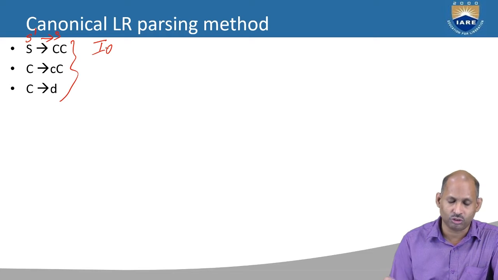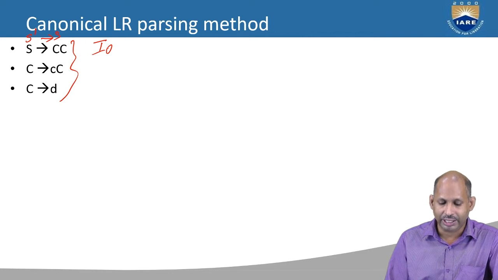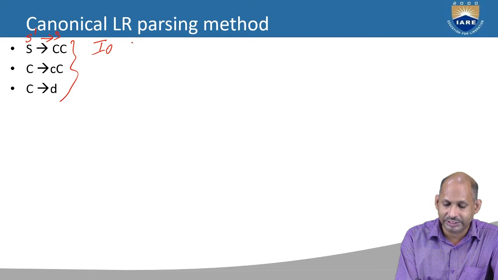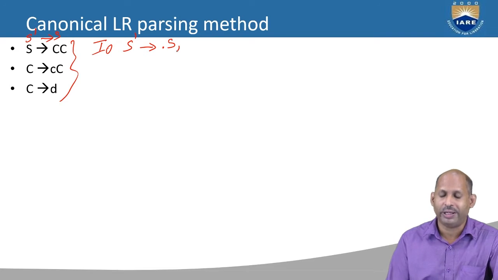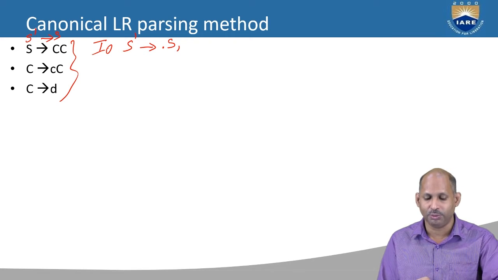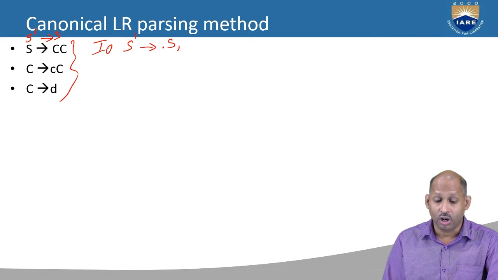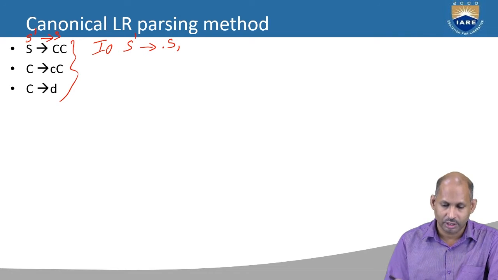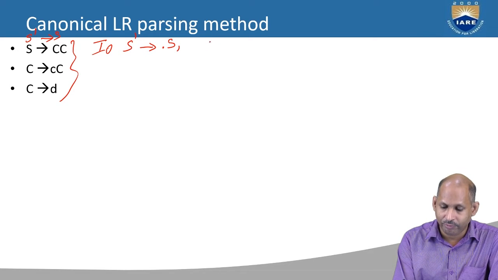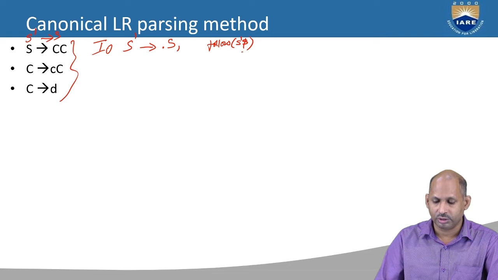In this I0 group, we consider S dash gives dot S followed by a terminal. How do we get the terminal? The terminal will be follow of S dash, dollar.